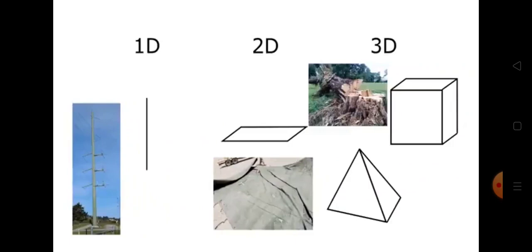If you are going to analyze a material in just one coordinate, that is 1D, one dimensional. If there are two coordinates, then it is 2D, two dimensional. And if the analysis is in three coordinates, it is said to be 3D, three dimensional.